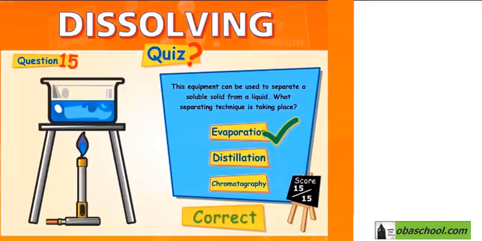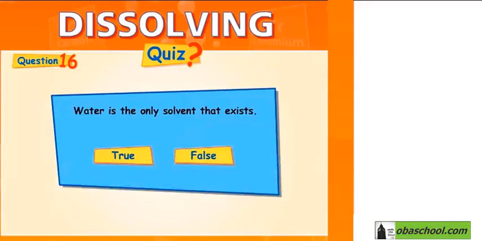The correct answer is evaporation. The Bunsen burner heats the liquid or the mixture inside the beaker, and then evaporation takes place.